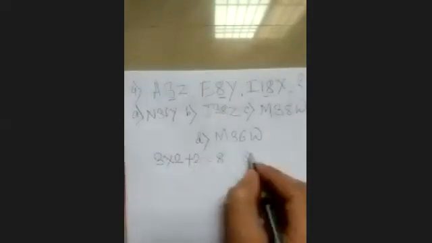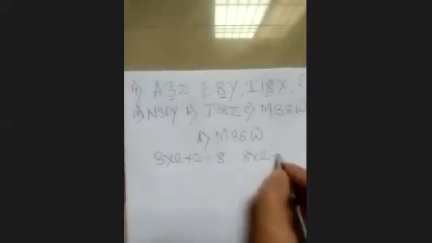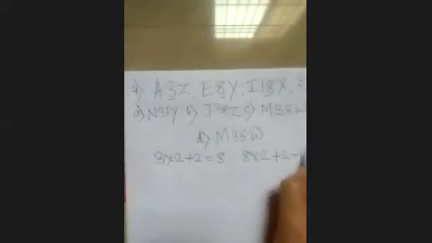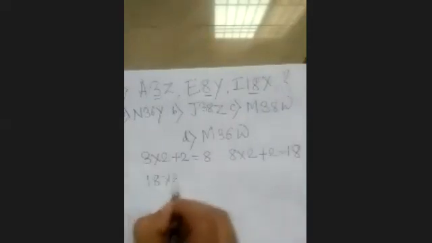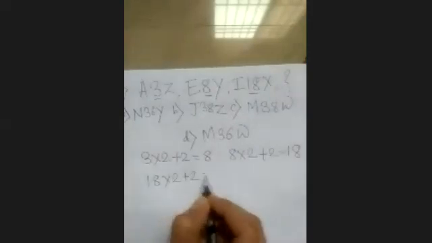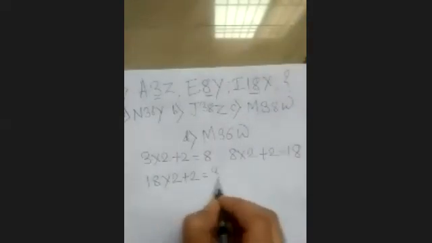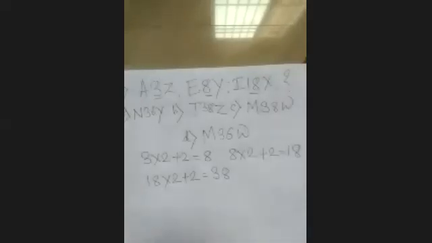Now 8 into 2 plus 2 is 18. Fine. The next one, 18 into 2 plus 2 is 38. But here there are two options, 38, right?